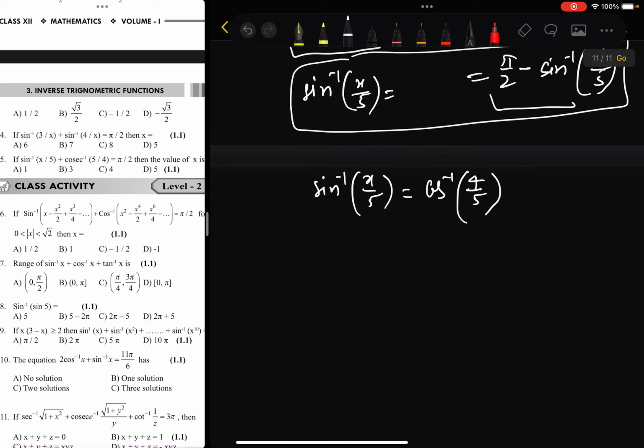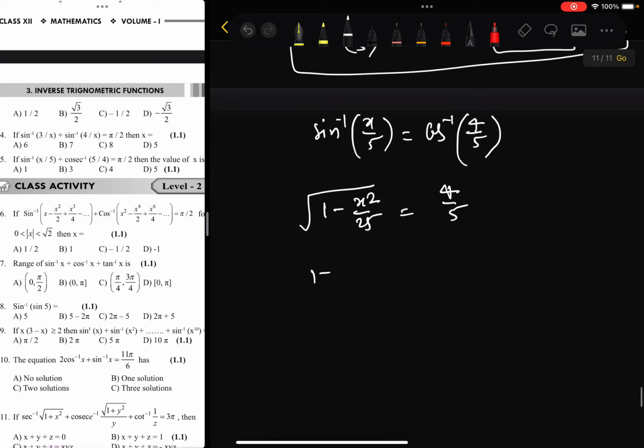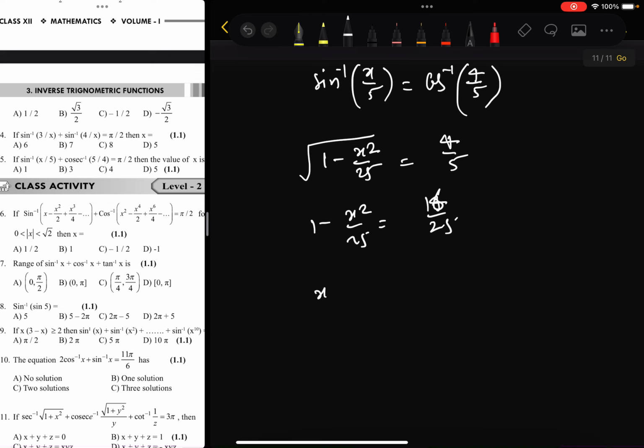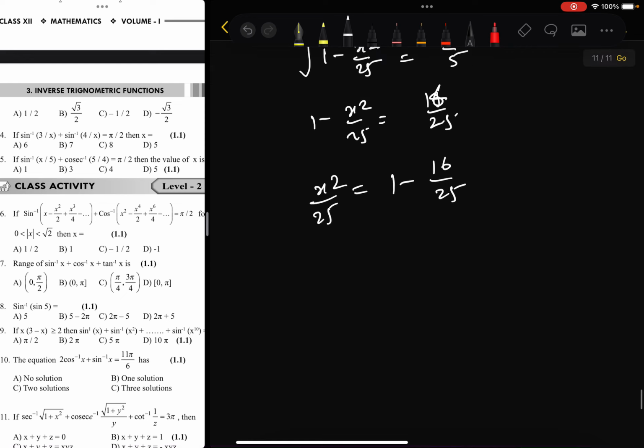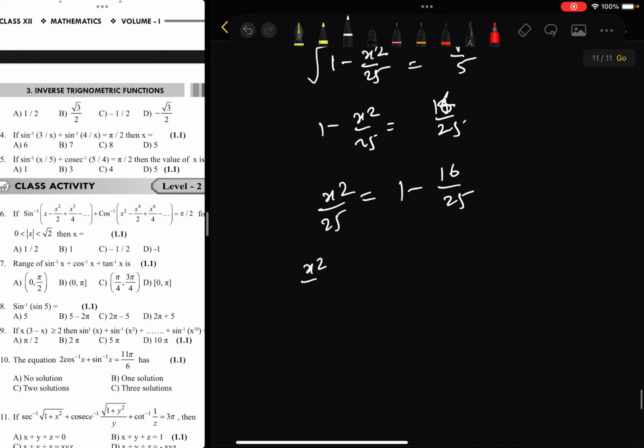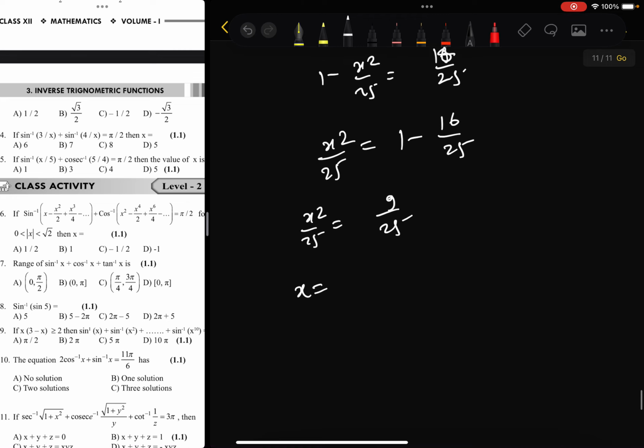This will be equal to cos inverse of root of 1 minus x square by 25, which equals 4 by 5. So 1 minus x square by 25 equals 16 by 25. This will become x square by 25 equals 1 minus 16 by 25, which equals 9 by 25. So the value of x is plus or minus 3 here, right?